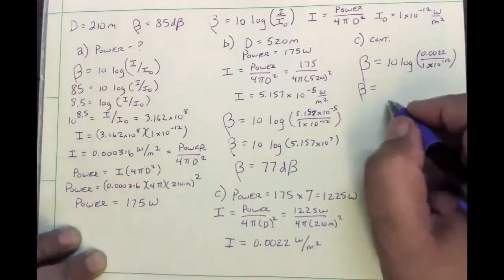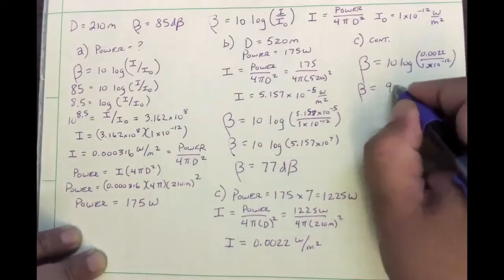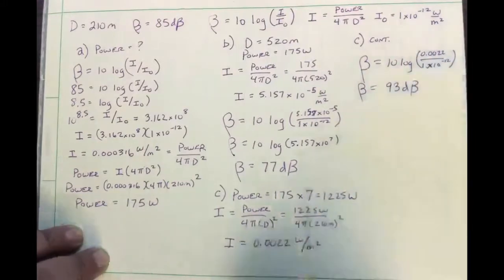Take the logarithm of that, multiply by 10, and we get a final answer of 93 decibels.